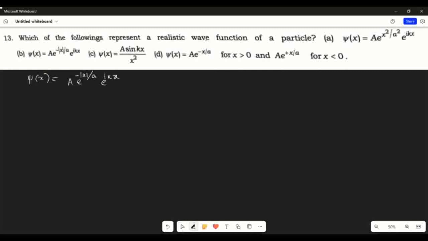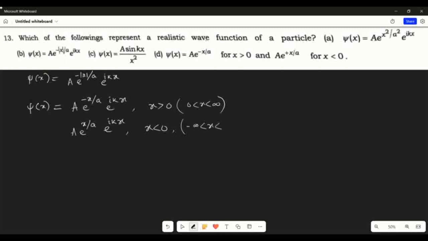We can break this function into two parts: psi x equals a e to the power minus x by a e to the power ikx, for x greater than 0, or 0 to infinity, and a e to the power x by a e to the power ikx, for x less than 0, or minus infinity to 0.